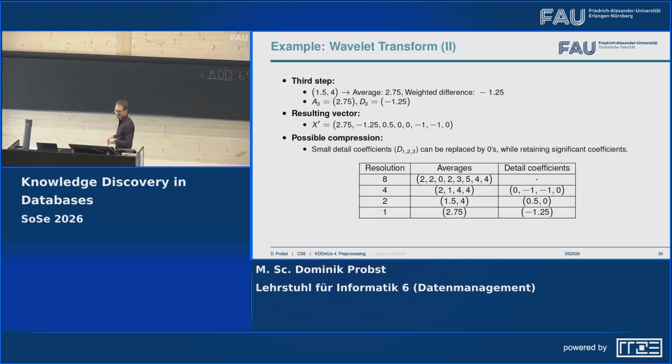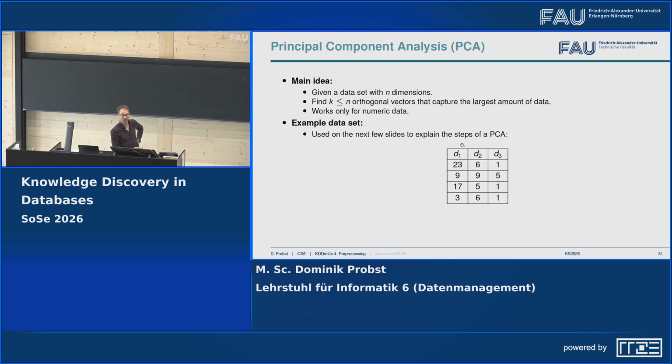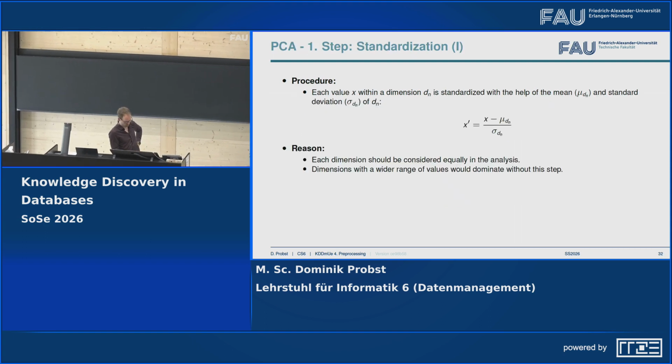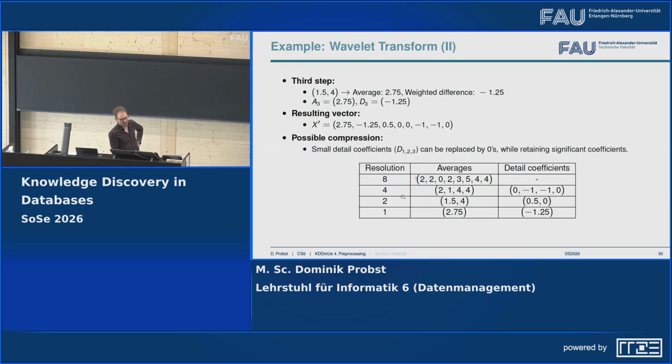And it's far more likely that X stripe contains a lot of zeros than it's likely for the original vector. So by replacing the zeros, or compressing the zeros, we can end up with a resulting vector with less loss than before, because we can use the last average with all the detail coefficients to recompute the original value fairly easily.